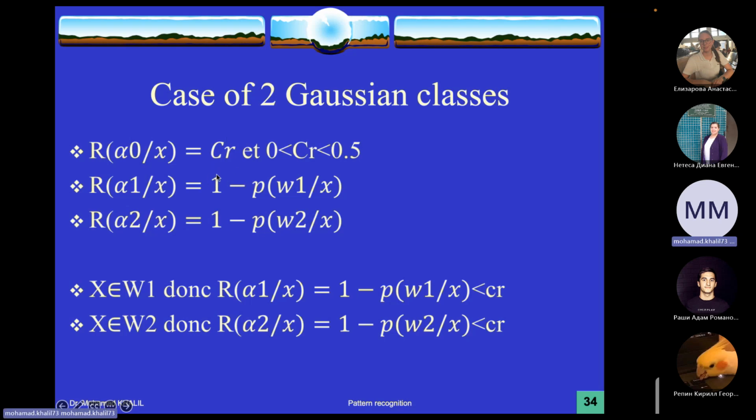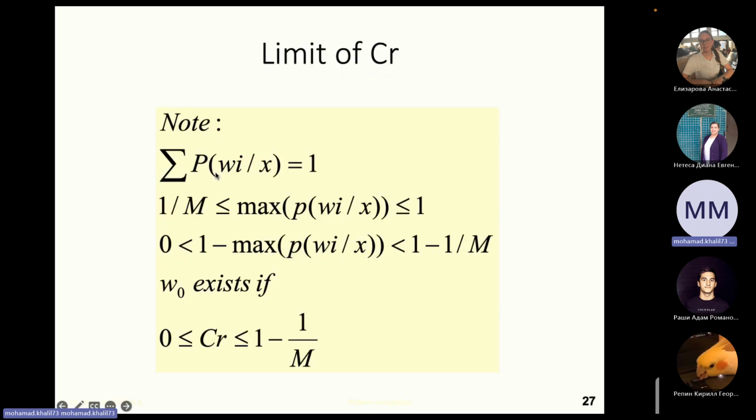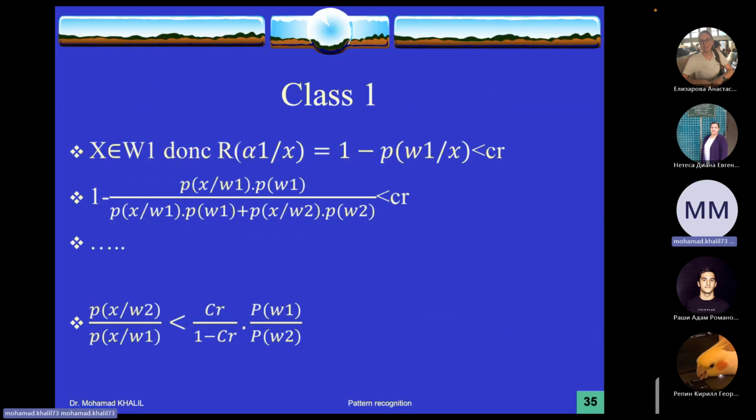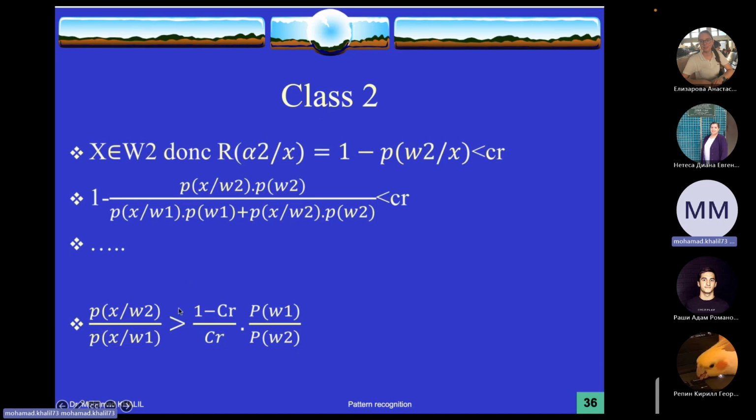But in case of two classes, we have seen that it is easy to demonstrate that if you use this likelihood ratio, if it is less than a threshold involving CR, this is class 1, and for class 2, it is greater than another threshold. Why do we have two thresholds?